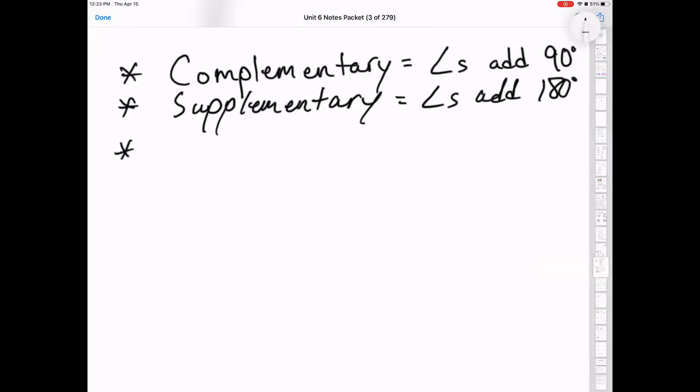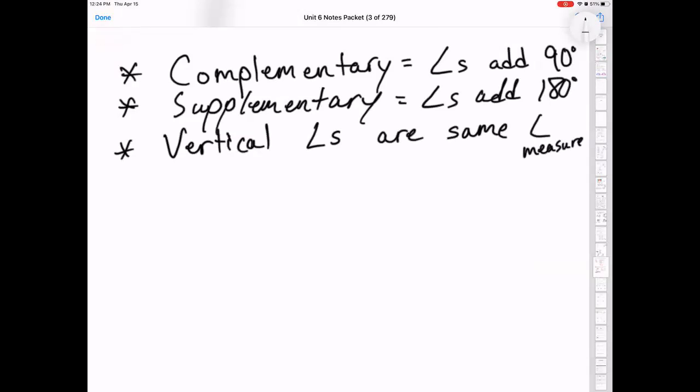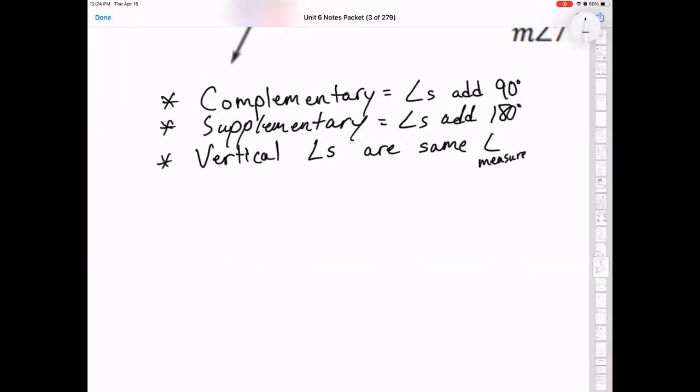We have seen vertical angles. And vertical angles are always congruent. Okay. So vertical angles are always going to be the exact same angle measure. In other words, guys, vertical angles are congruent. We've also seen corresponding angles.